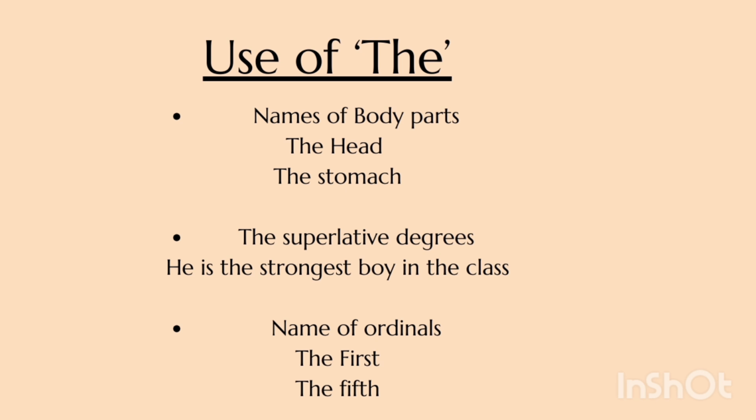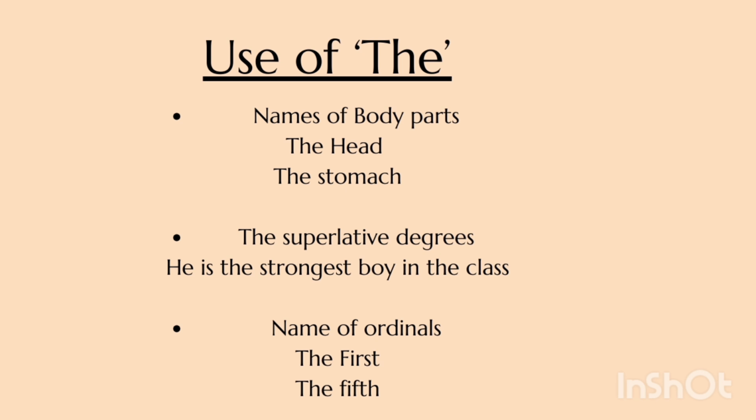Next is the superlative degree. Superlatives means when we do a comparison among others. He is the strongest boy in the class. We are comparing him with other students. So before the superlative degree, we use the. The superlative degree here is strongest, and we use the before strongest. Now the ordinals, like the first, the second, the third, the fourth, the fifth.